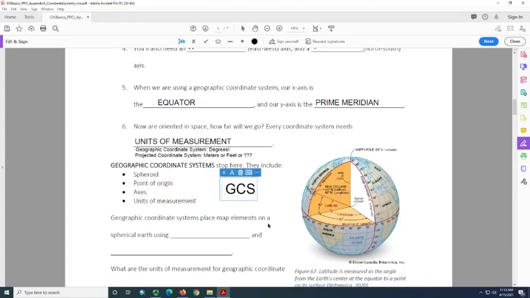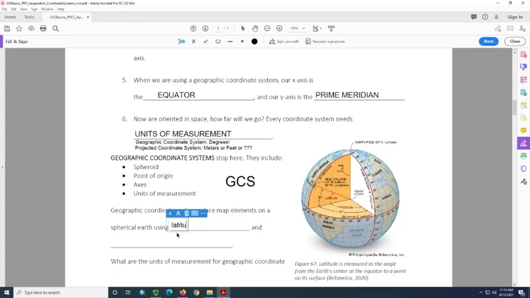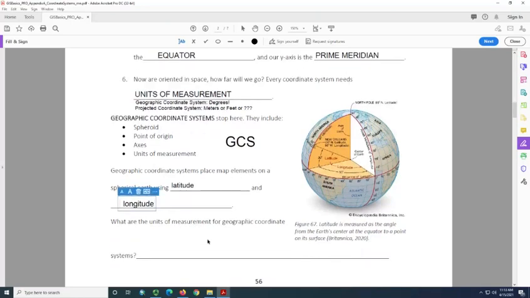Geographic coordinate systems are going to place elements on a map on that spherical Earth using latitude and longitude, okay? And then the units, what are the units of measurement for geographic coordinate systems?